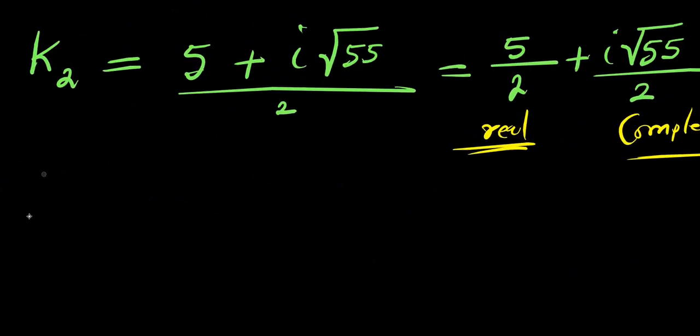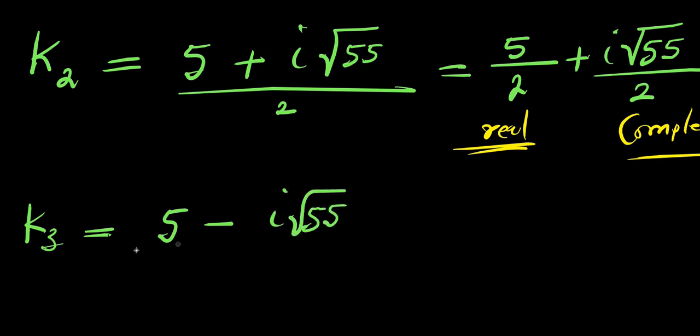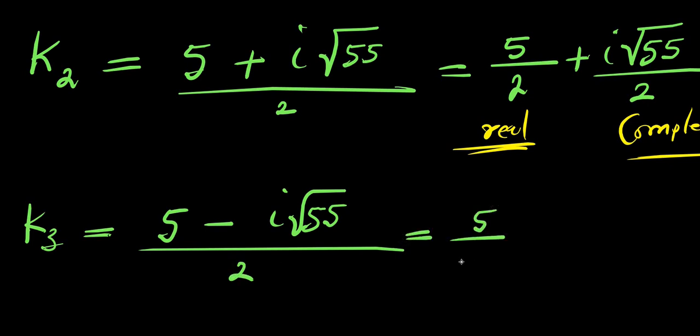Another one is this. We have k3 equals, this time around, we will consider 5 minus i times root 55 divided by 2, which also means 5 divided by 2 minus i times root 55 divided by 2.